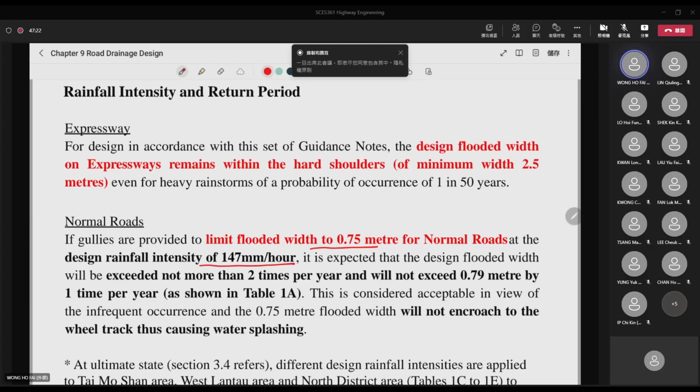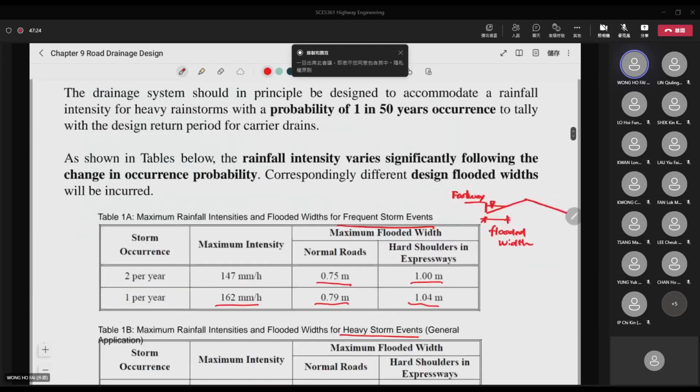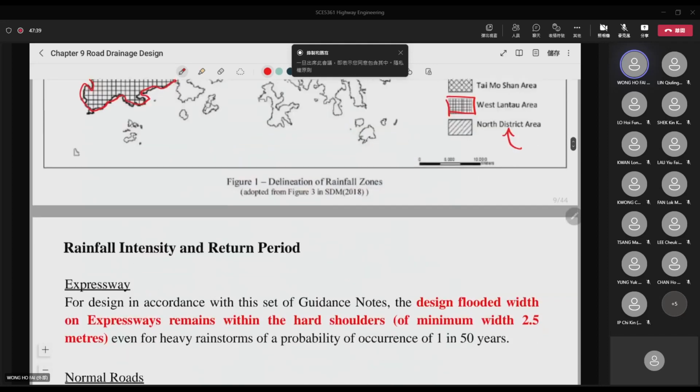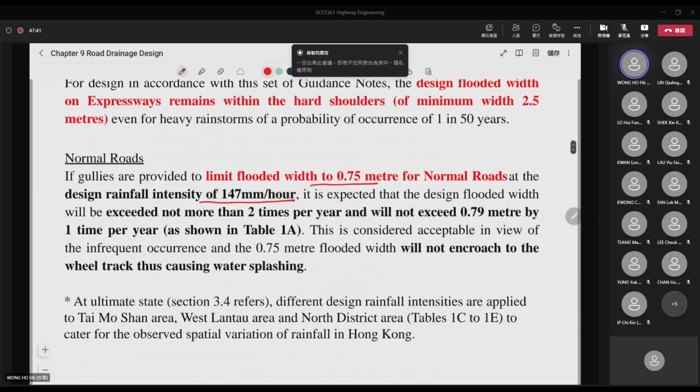Now the 147 mm per hour belongs to the case of 2 times per year. And if it is exceeding 0.75, it is 1 times per year. So right here, we don't want our so-called flooded width to be larger than 0.75 meter.